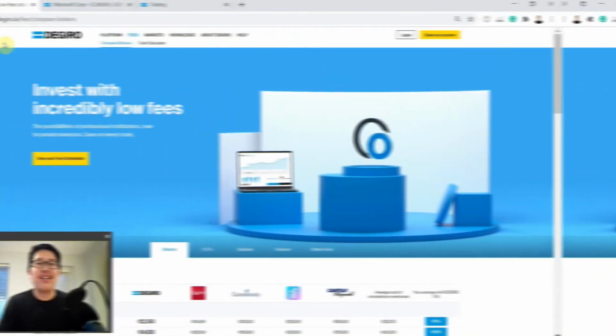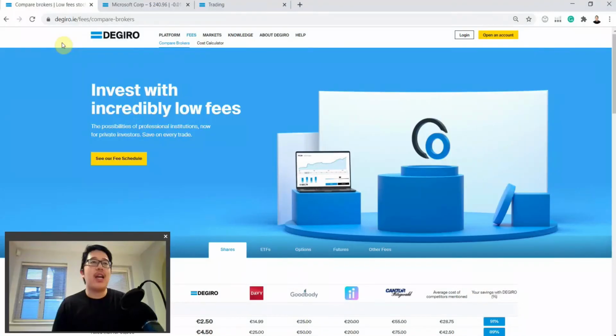So the next question, what's exchange connectivity fee? Exchange connectivity fee is basically the fee that they charge you when you trade on a different exchange from your home exchange. So for example, let's say you're in Ireland, you use the Irish Stock Exchange. You won't pay any exchange connectivity fee since the Irish Stock Exchange is your home exchange.